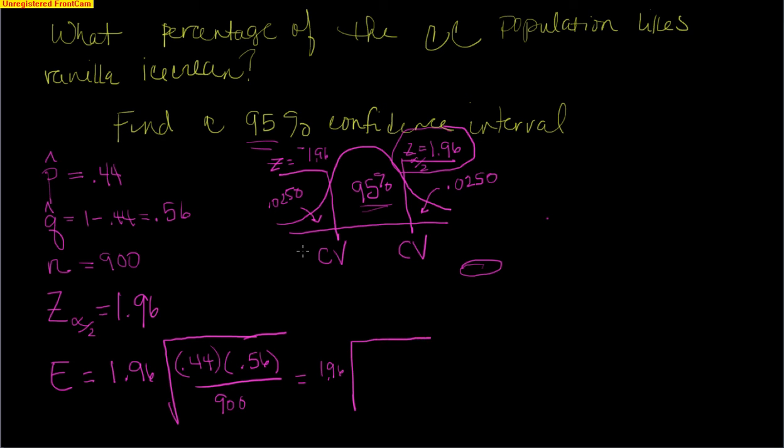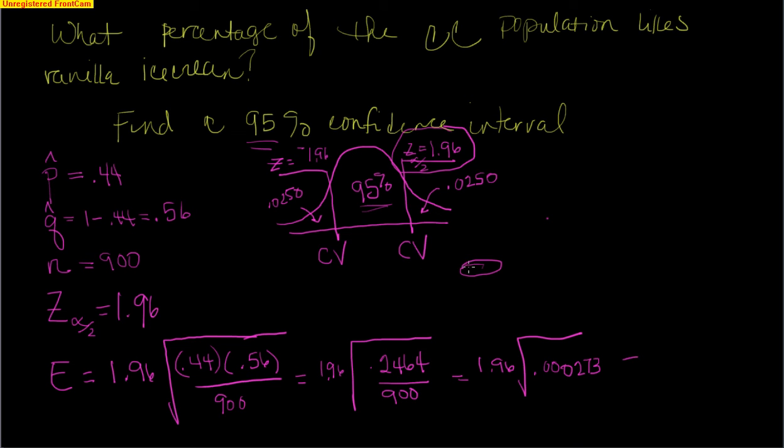0.44 times 0.56 is 0.2464, divided by 900. Then do that step. You end up with 1.96 times the square root of 0.000273.